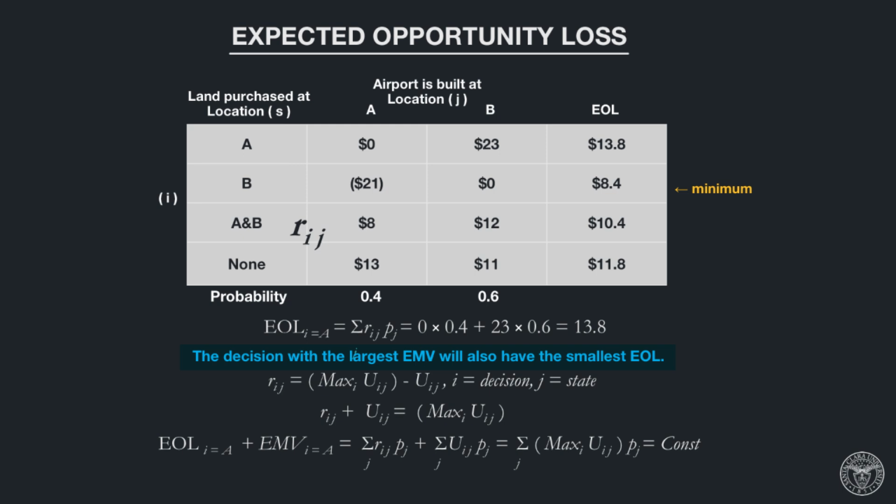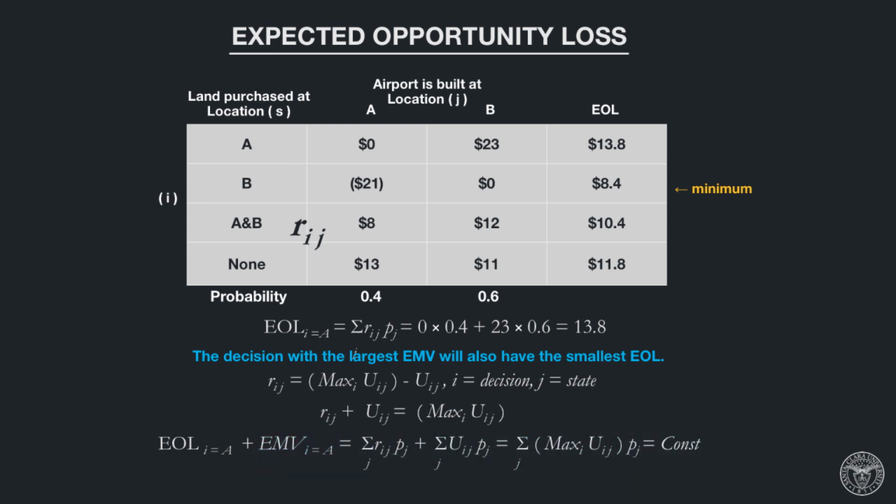We can mathematically prove that because the regret is defined as the optimal payoff minus the payoff U_ij. For any decision, for example decision A, EOL of decision A plus EMV of decision A will be equal to a constant value.